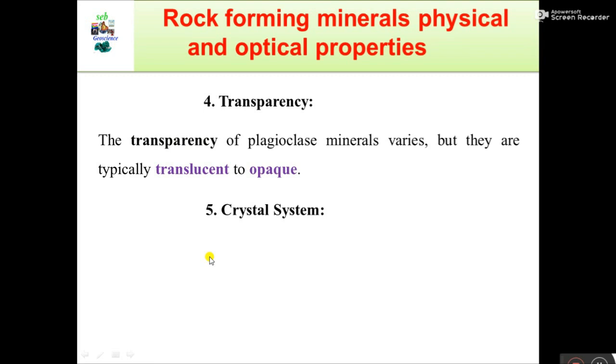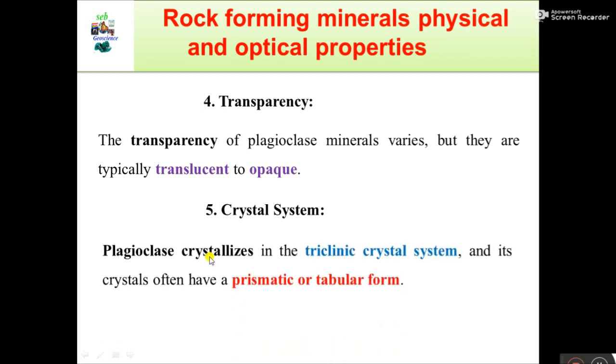And this is the basic criteria for plagioclase minerals, that is the crystal system. Plagioclase crystallizes in the triclinic crystal system. Most plagioclase minerals are grouped in the triclinic crystal system, and they often crystallize in prismatic or tabular forms.